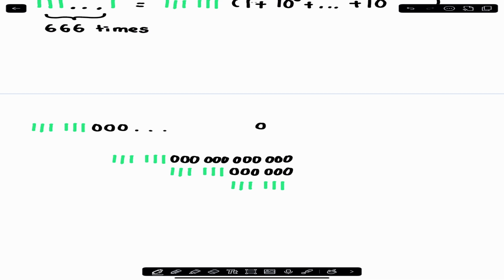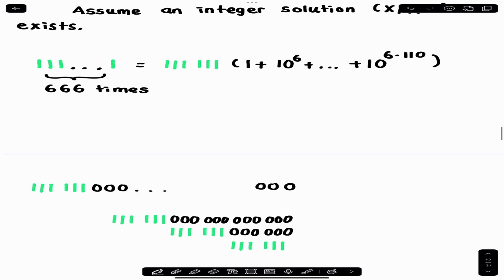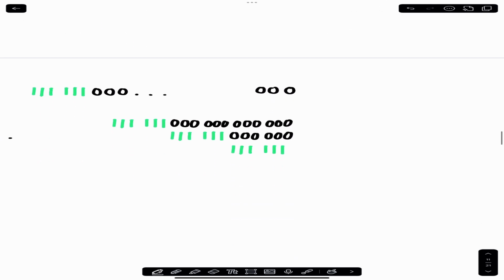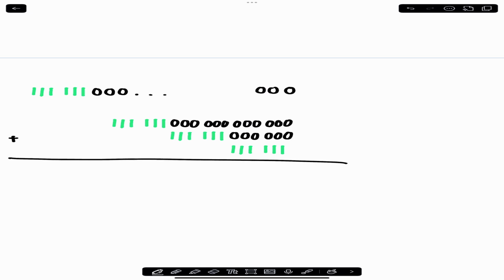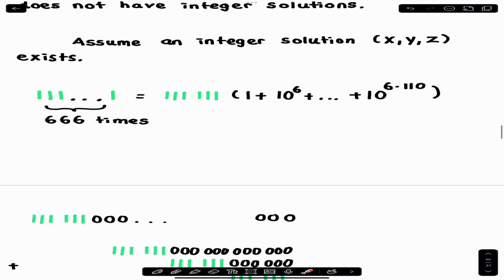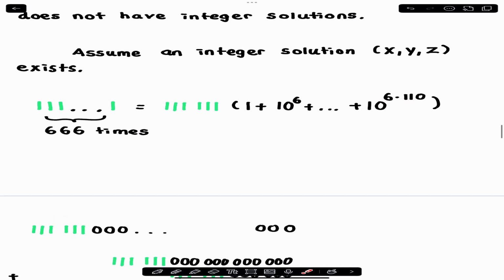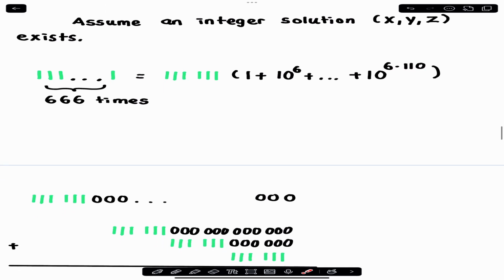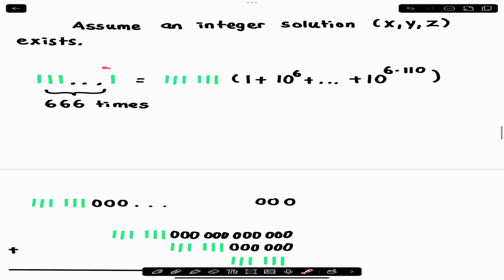So this is going to continue all the way to the necessary number of zeros at the end, and when we add them all up, and you can verify this for yourself, when we add them up column-wise, over here, of course, there's a bunch of zeros. Here, of course, there's a bunch of zeros. We don't see them. Bunch of zeros up here as well. It's going to be a bunch of 1s. Specifically, because we've raised it to the power of 660, there should be 666 copies of this one. So basically, we've taken this and we've broken it down into this form.